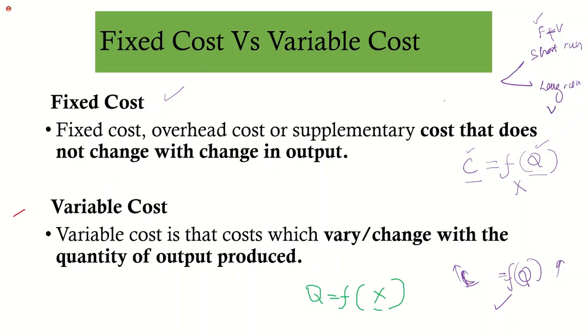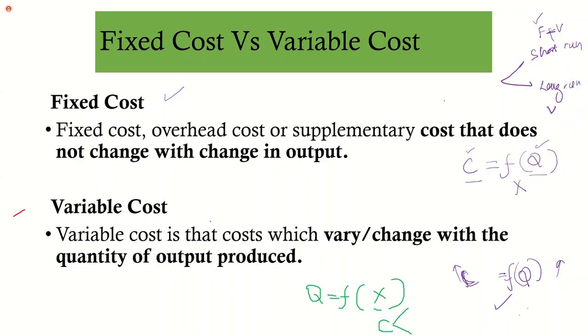There's a cost attached to the inputs, a cost of purchasing the inputs. So now we are going to look at this relationship with the cost of inputs, or cost and quantity, right? There are two types of costs we are going to look at: fixed cost and variable cost.